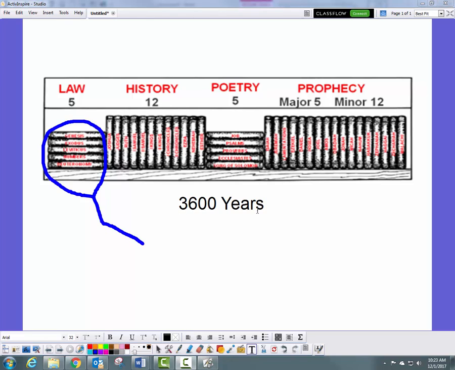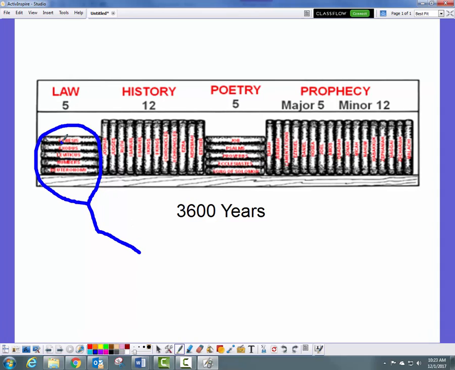Of those 3,600 years, about 2,000 years of history is covered in just the book of Genesis. So that leaves 1,600 years for all of the remainder of all of these books in the Old Testament.